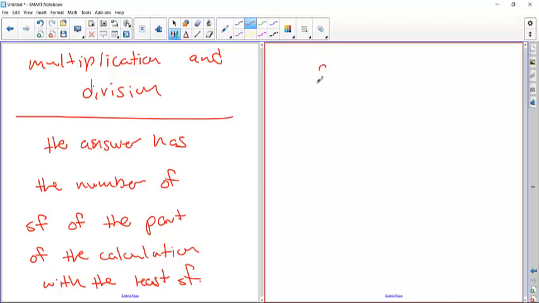So let's say you have 2.2 times 4.35. You can use your calculator for this: 2.2 times 4.35, and I'll get 9.57. So let's look at the significant figures of the beginning calculation. This has 2 significant figures. This one has 3 significant figures.